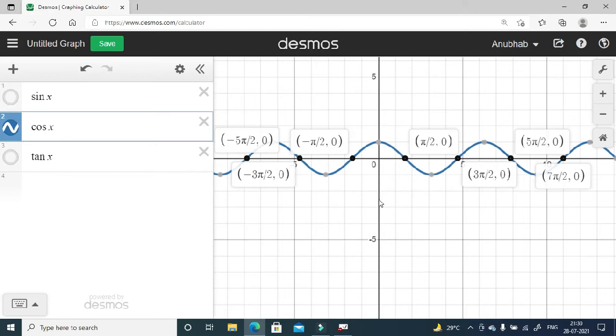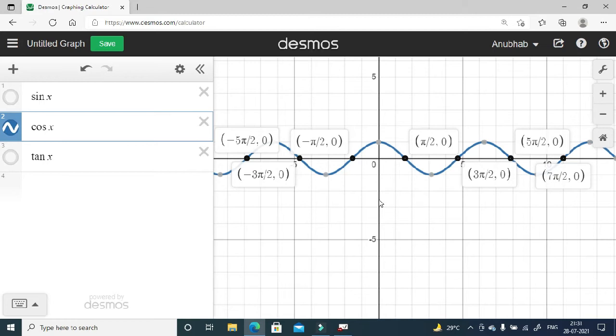So clearly you can realize that again there is a pattern, and the pattern is something like pi by 2, then 3 pi by 2, then 5 pi by 2, then 7 pi by 2. So these are all the odd multiples of pi by 2. And also in the negative side, minus pi by 2, minus 3 pi by 2, minus 5 pi by 2, and so on.